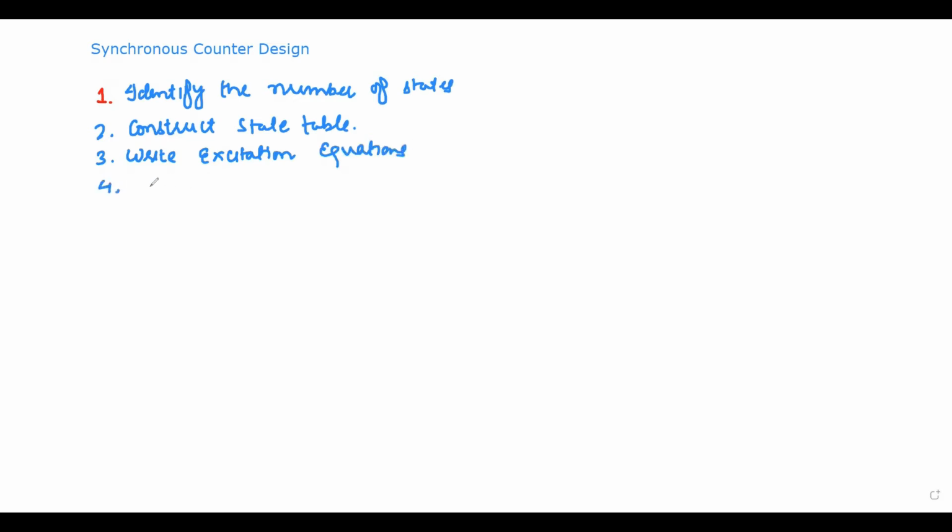The fourth step involves minimization of logical expression. And your fifth step is implementation of the logic circuit.